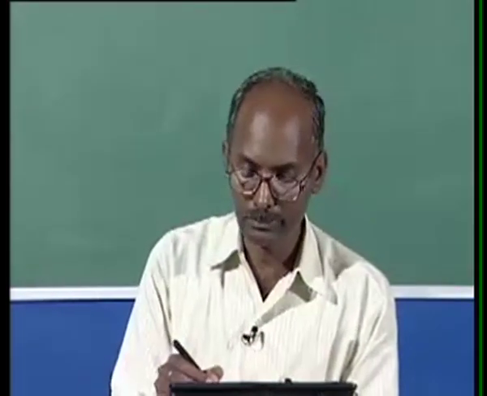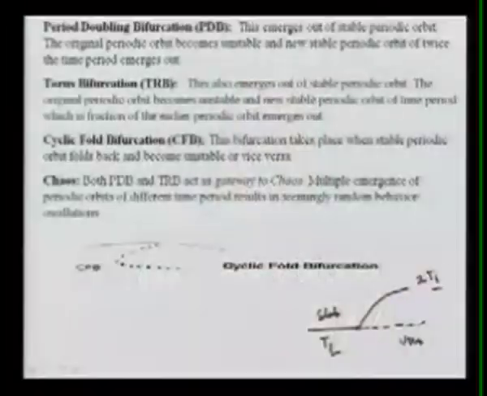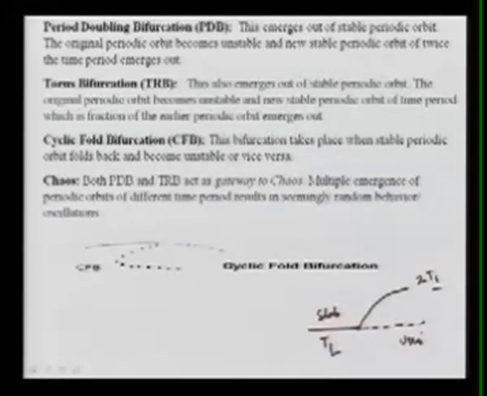As I said, here the period is T1, now it becomes T2 and it becomes unstable. But in the torus, if it is T1 and it is stable, then this becomes unstable, and the stable one here is a fraction of, let's suppose, T1 over some factor n, and we are having another time period. So it is called the torus bifurcation.